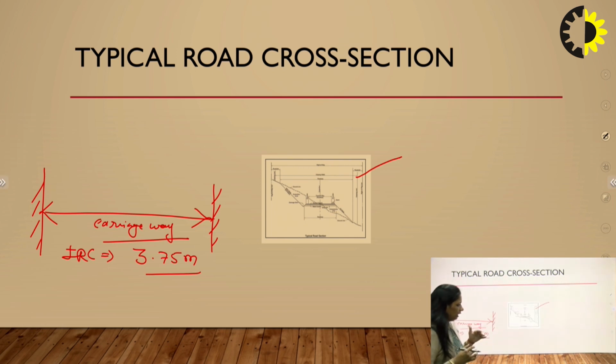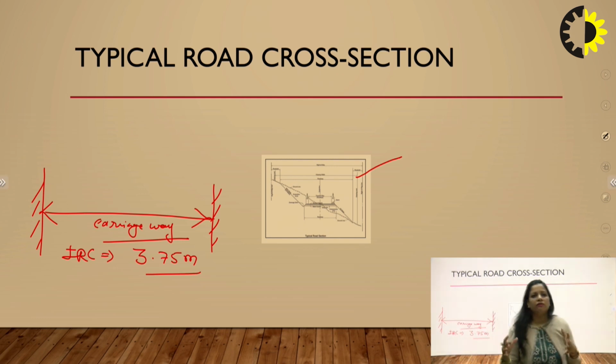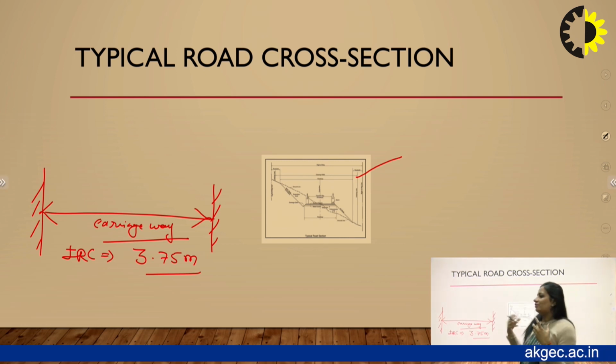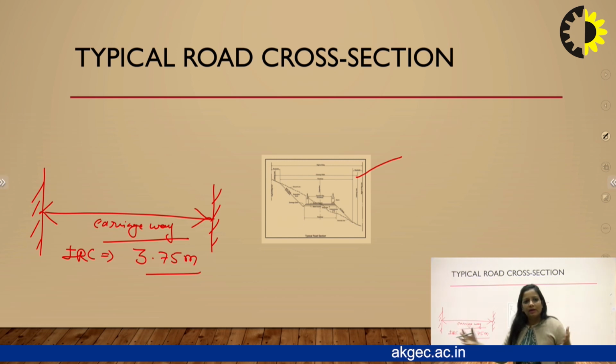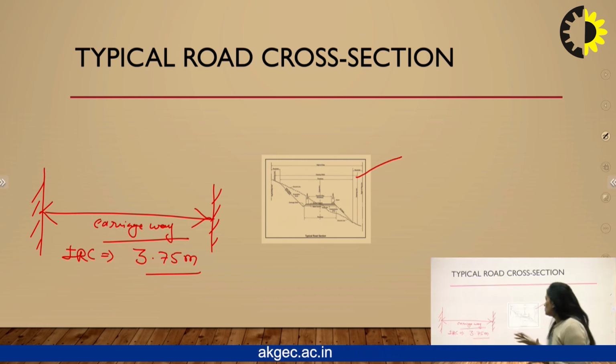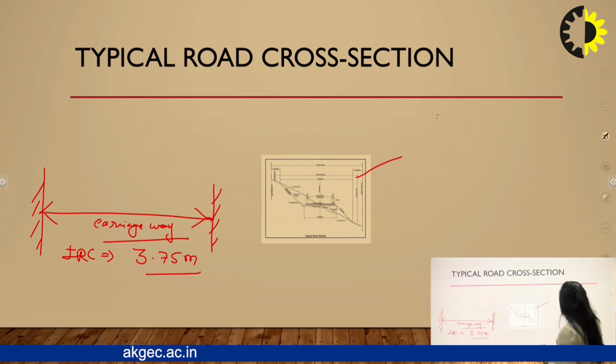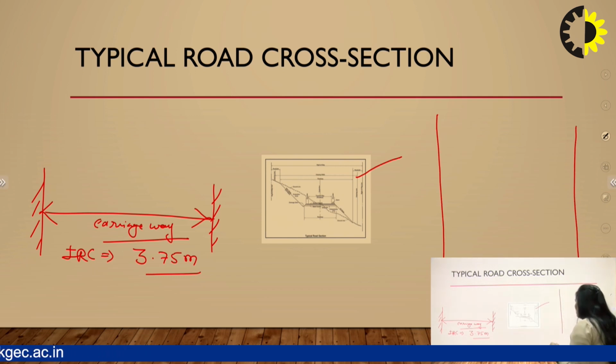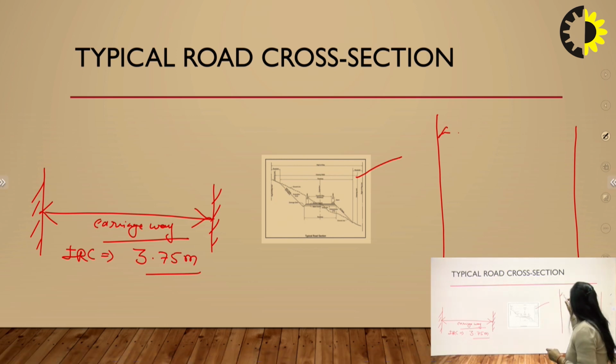It is a simple carriageway, but a complete roadway or right of way does not only consist of carriageway; it will also consist of medians, shoulders and curbs, and extra allowances for development in the broader aspect. When we talk about right of way, let us suppose this is your right of way.